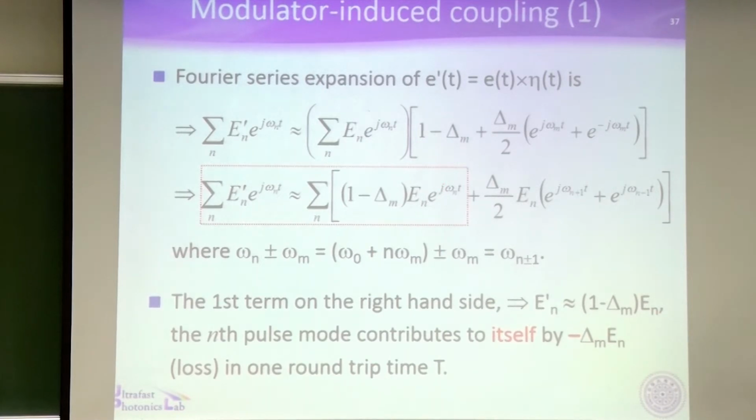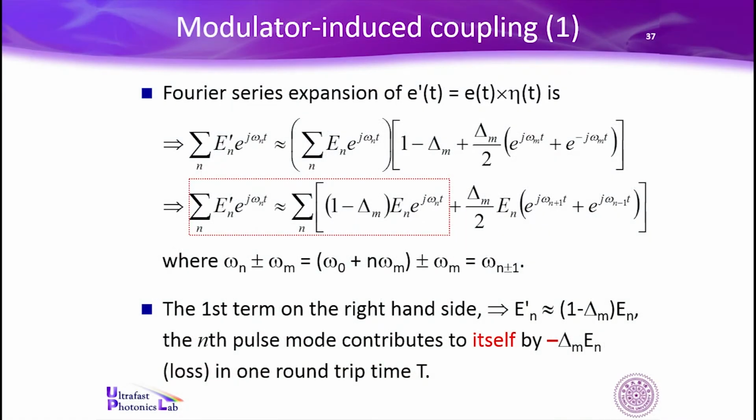So it means the nth pulse mode contributes to itself by a negative term, minus delta m times En. So the negative sign means a loss effect in one round trip time, big T, which is natural because you are using an intensity modulator. You will lose some energy anyway. And the first term simply describes the energy loss due to the modulator, but there is no coupling.